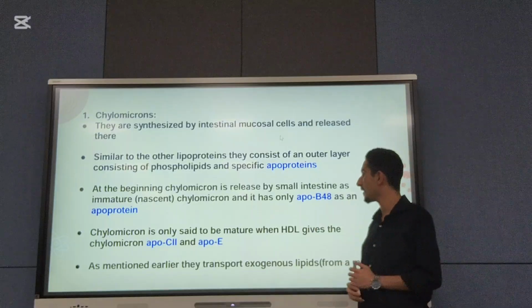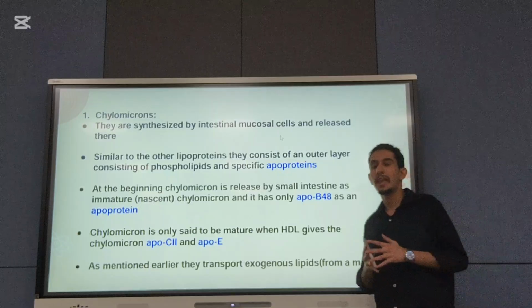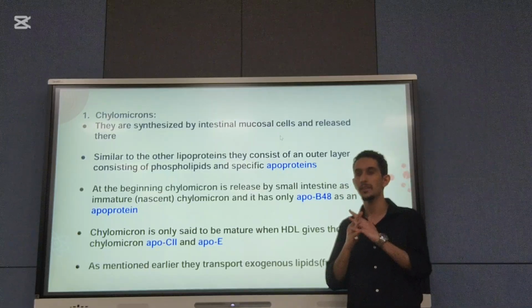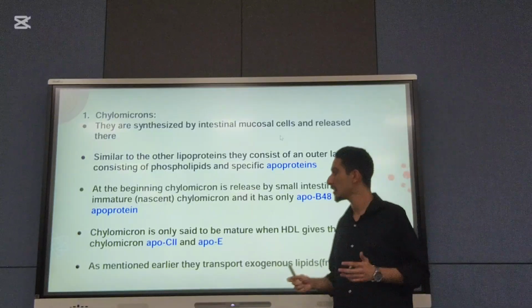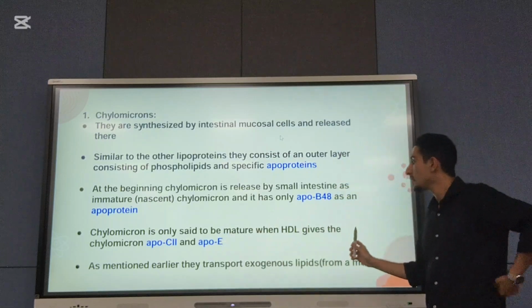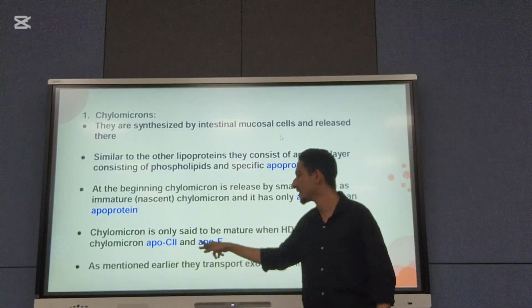When the chylomicron has only apoprotein B48, it's immature. When do we call it mature? Chylomicron is said to be mature only when HDL gives the chylomicron ApoC2 and ApoE.